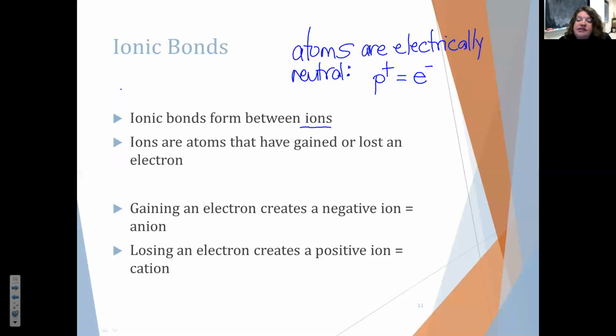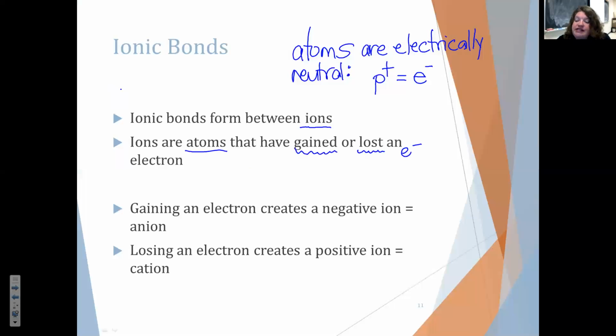Ions are atoms that have either gained or lost an electron. There's a reason why atoms sometimes gain or lose electrons, and it's to become more stable. All of these atoms are trying to undergo chemical reactions to try to be more stable.